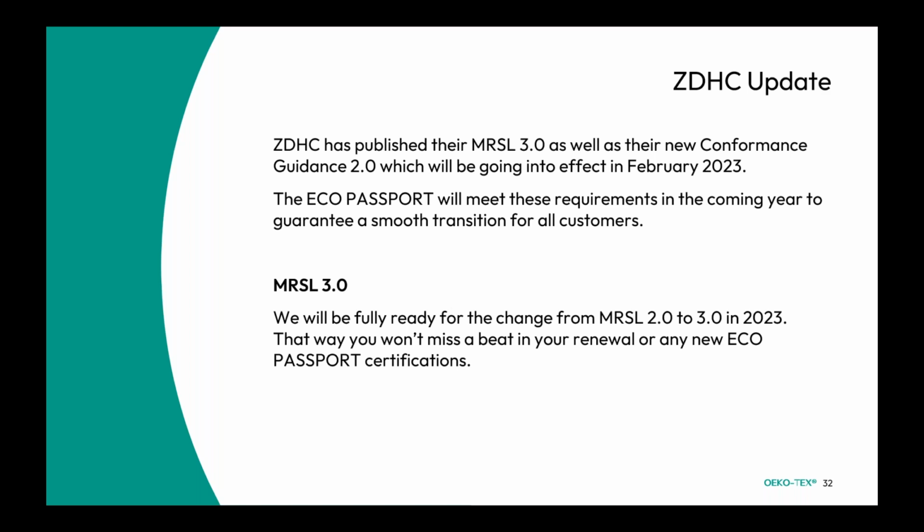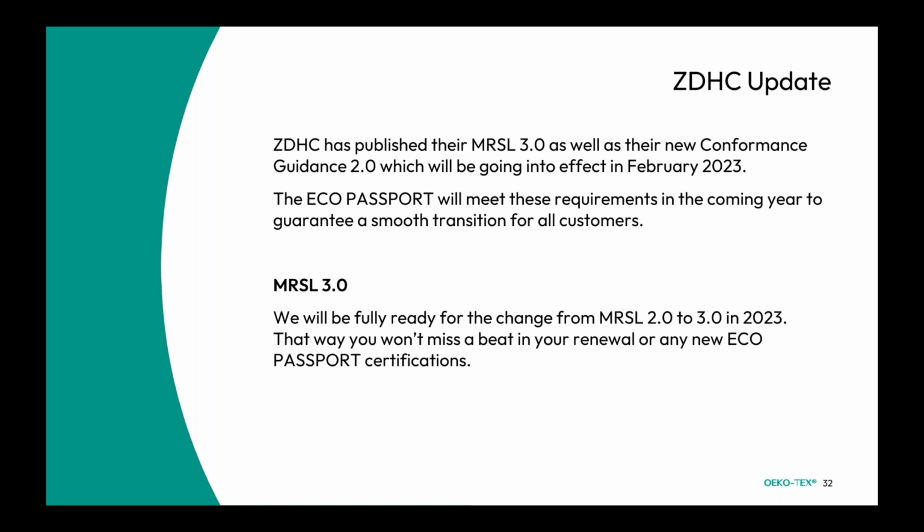It has been updated from 2.0 to 3.0, and they have also added a new conformance guidance 2.0, which used to be 1.0. Both will go into effect in February 2023. The EcoPassport will meet these requirements in the coming year to guarantee a smooth transition for all customers.